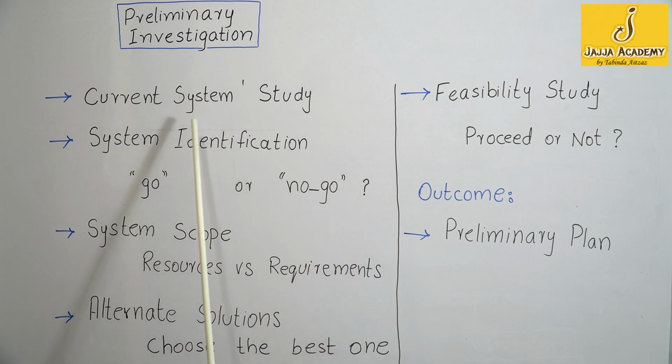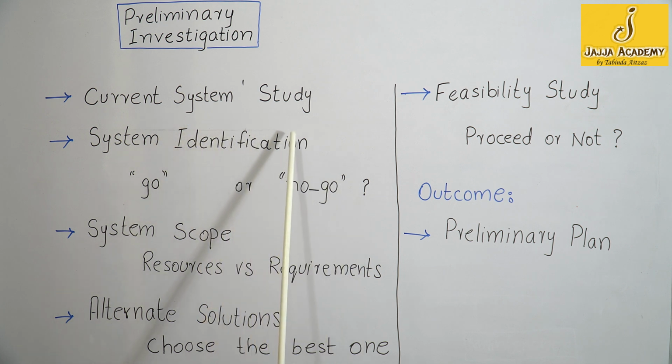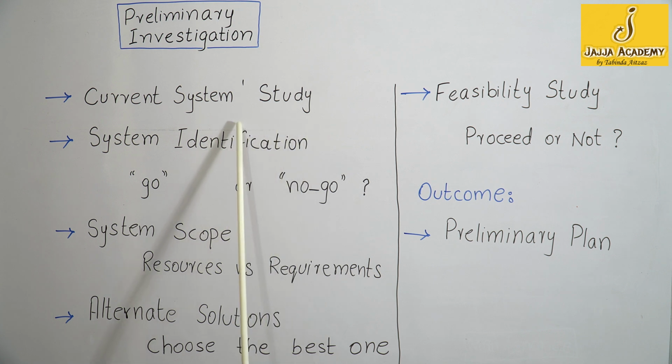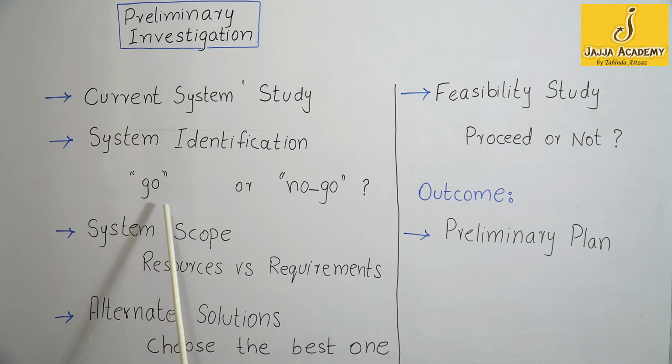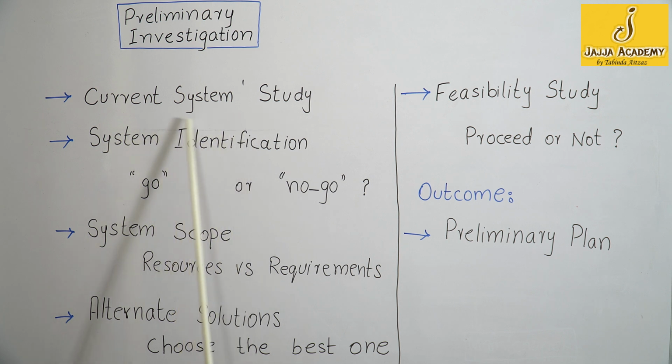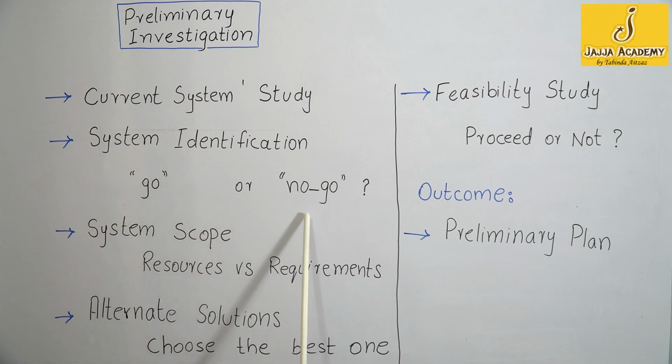If the current system does not satisfy the need of users working on that system, then a go decision will be made. It means the new system should be made to satisfy the requirements of users who are working on the current system. So the system is identified and a go or no go decision is made here.